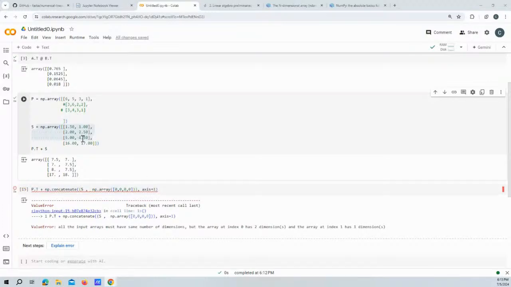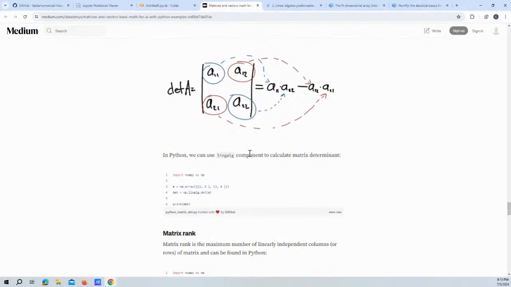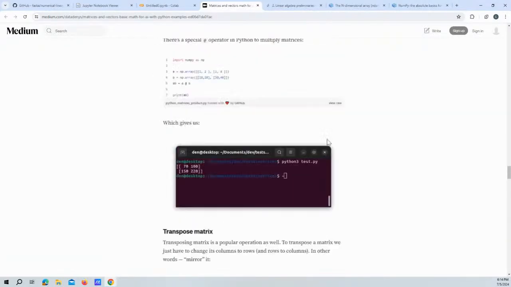Here, I found this Medium post, and it's talking about determinants.